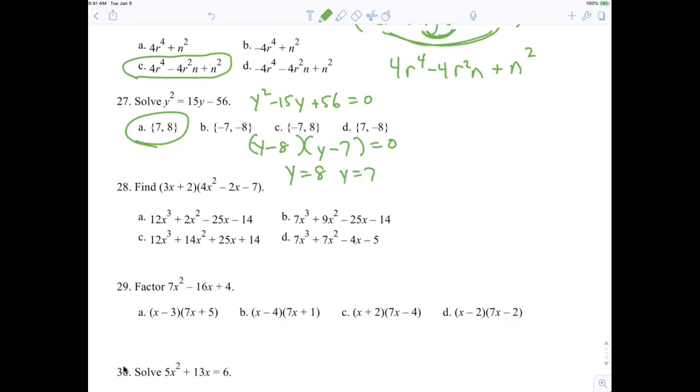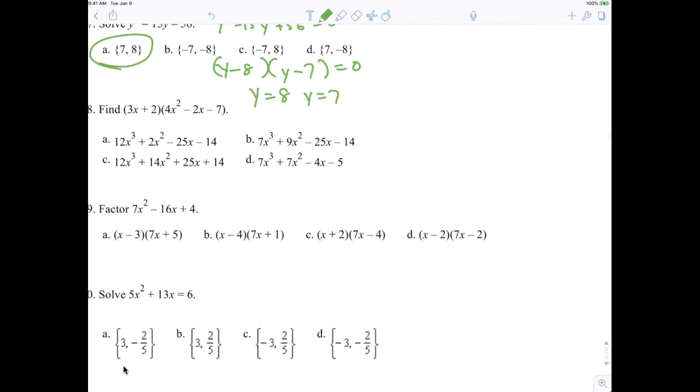All right, so for question number 28, we have this. 4x squared minus 2x minus 7. I like to show kids just stack them on top of each other, and then you're just multiplying just like you used to. So when you do 2 times negative 7, you get negative 14. 2 times negative 2x is negative 4x. Positive 8x squared. Now we're doing 3x times negative 7, which is negative 21x.